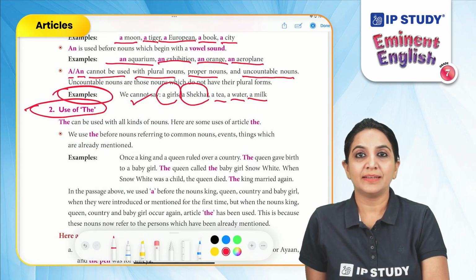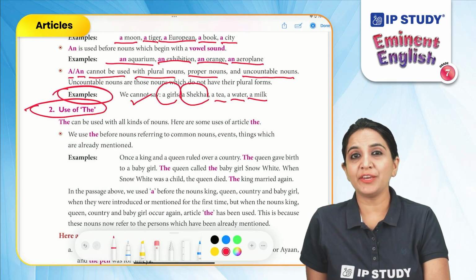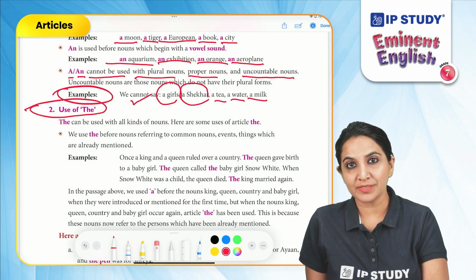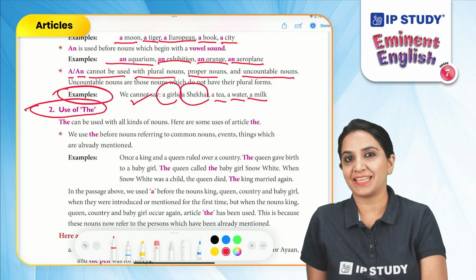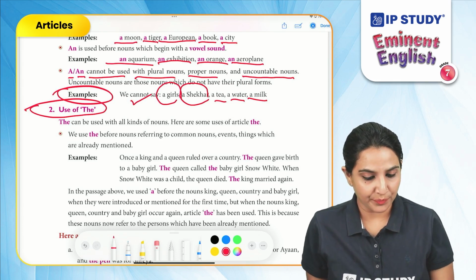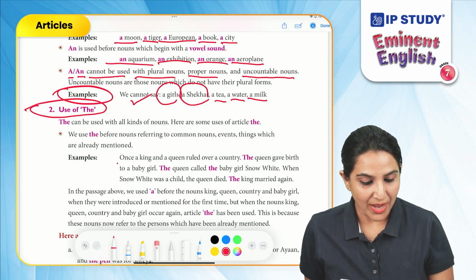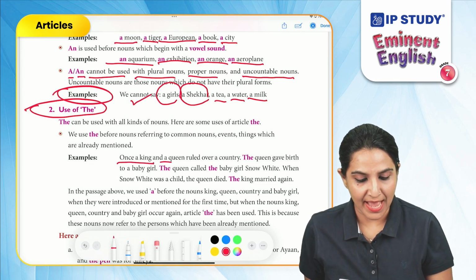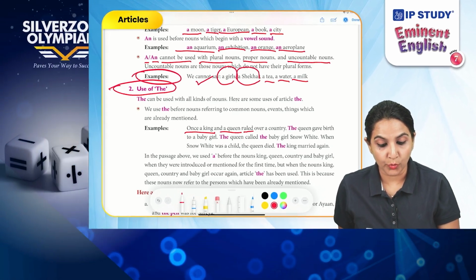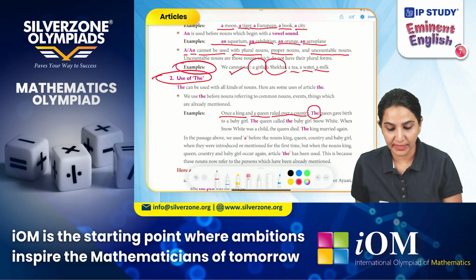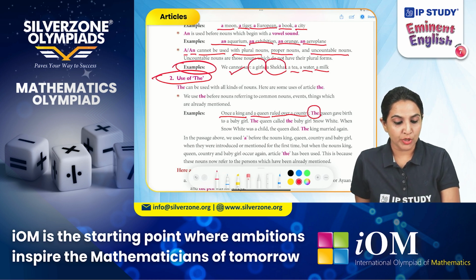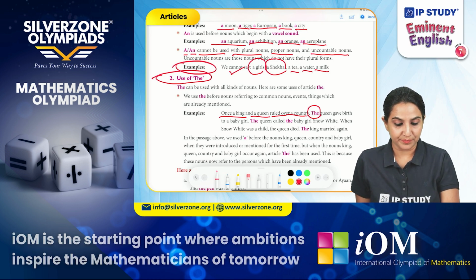Article the can be used when you're referring to plural nouns and when you have definite things. For example, once a king and a queen ruled over a country. The queen gave birth to a baby girl.